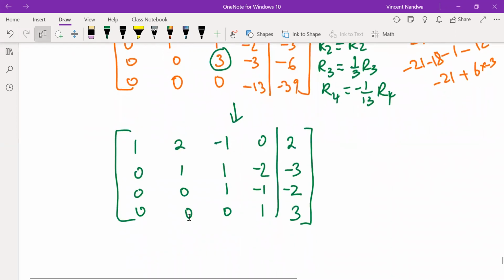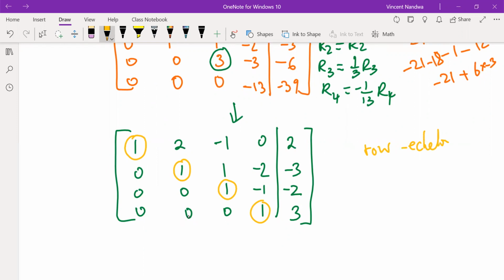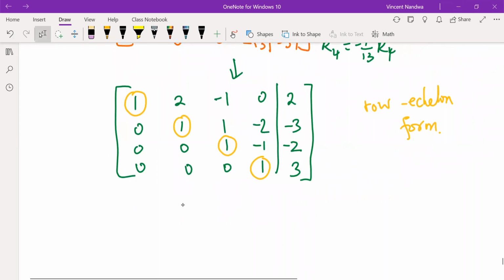And now, clearly this matrix is in the row echelon form because you see this is 1, this is 1, this is 1, this is also 1. So row echelon form. So then now rewrite the original system using this row echelon form matrix.